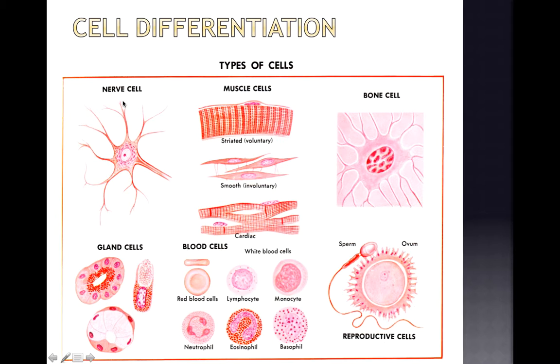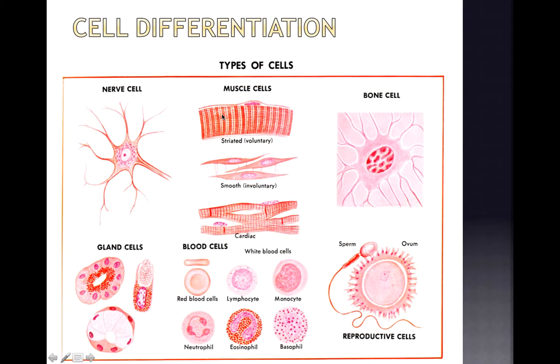So, for example, nerve cells have a specific shape with dendrites and an axon, a very long axon that communicates to other nerve cells, and they have a strong cellular membrane with specific signaling mechanisms to transport the electrochemical reaction that makes the nerve signal. All right, so they're a very specific type of cell.